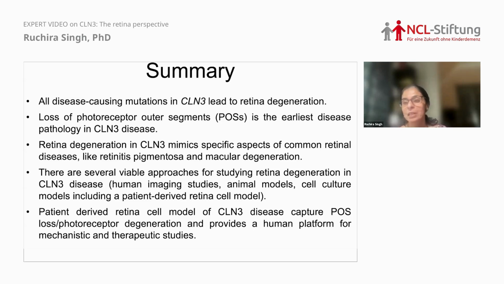And finally, what I showed was that patient-derived retina cell models of CLN3 disease can capture an important disease pathology, the earliest disease pathology, which is basically the loss of outer segments and photoreceptor degeneration, and thus provide a very suitable human platform for both mechanism-based studies as well as for therapeutic studies.